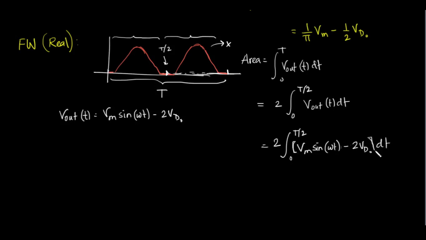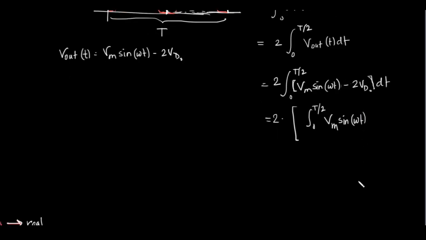Now I can split the integral again like before. So I will get the integral from 0 to T by 2 of Vm sine omega t dt, minus the integral from 0 to T by 2 of 2 Vd naught dt. I have just split apart the integral like before.